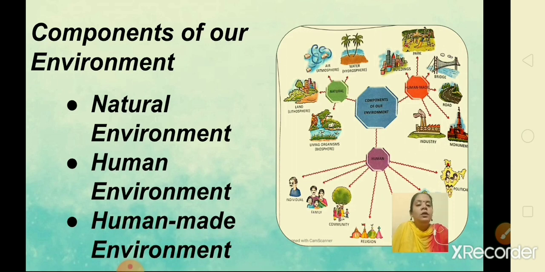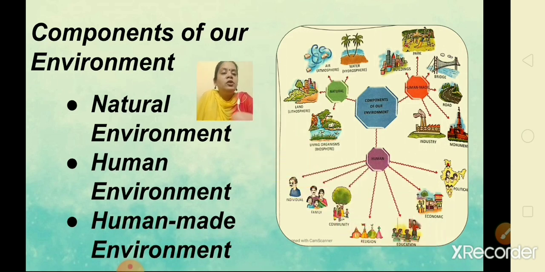Now, children, can you see this picture over here? This is the picture which shows components of environment and the three categories of it. Then further, it also shows small pictures of the subcategories that fall under that particular component.